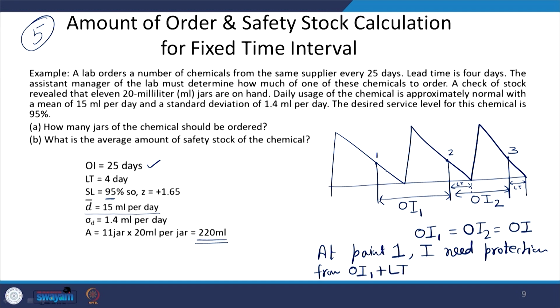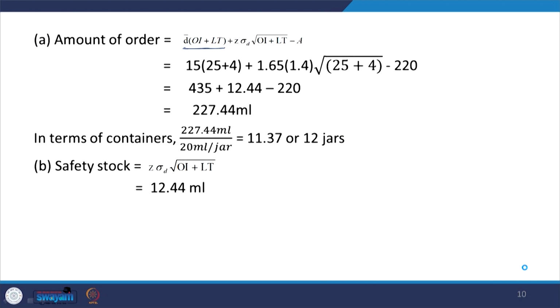So, from here to here, this is point A, that means from A to C. For this much long period I want protection, and that is coming 15 is the average consumption rate, 25 is my order interval, 4 is the lead time. So, that is my actual consumption.